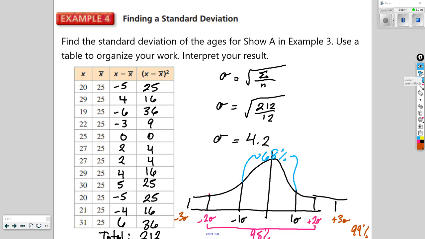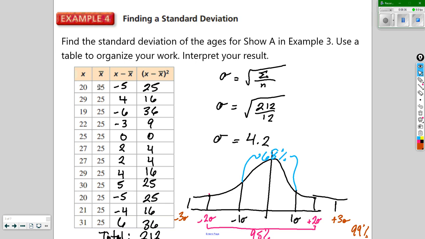All right, so this is a different way to describe what's normal in a data set. Although this mainly is used when we're dealing with many more data values, for this show, to make sense of this value, 68% of the people on this show lie within one standard deviation of the mean.